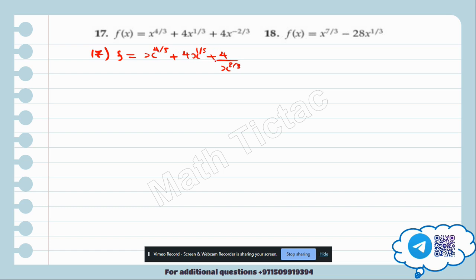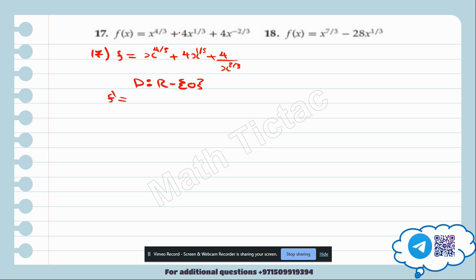But in here we have an undefined value, which is 0. If the denominator is 0, then it will be 4 over 0, which is undefined. So that means the domain is R minus 0.